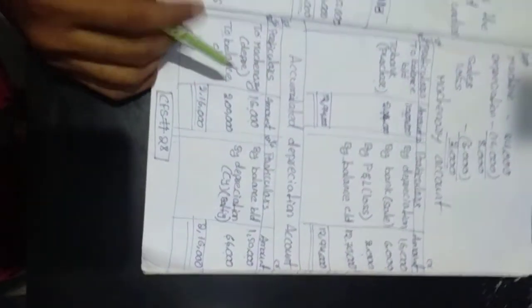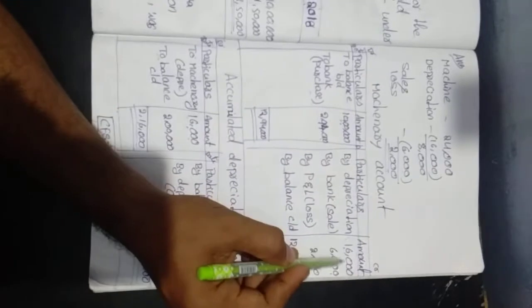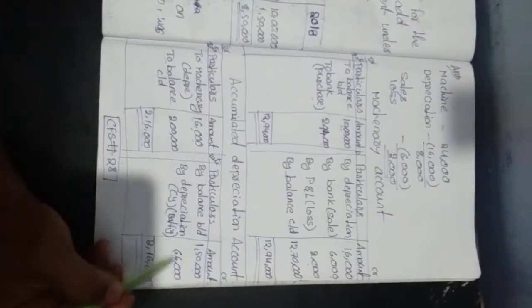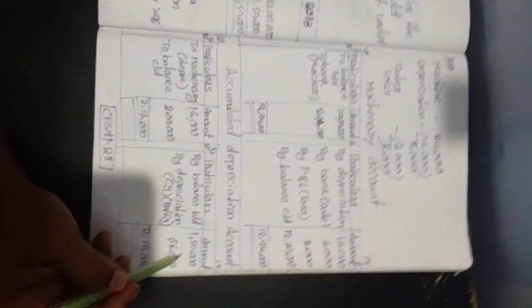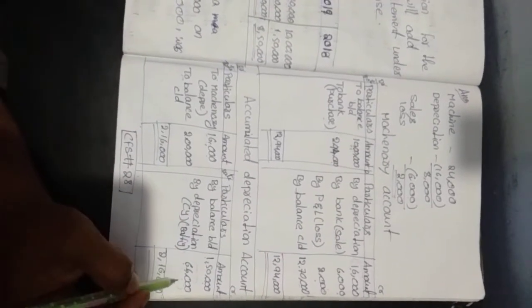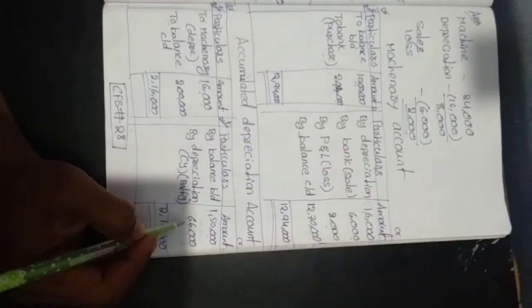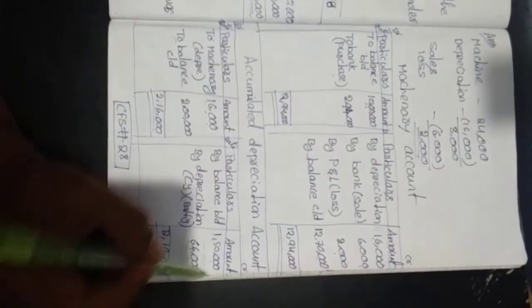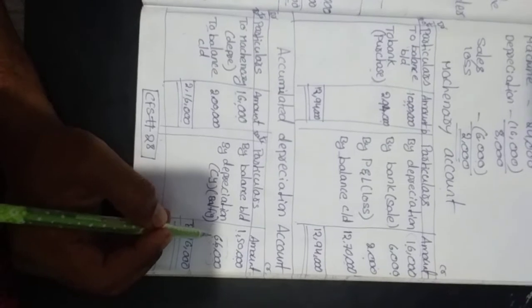In this, you can see that this depreciation we do not take to the cash flow statement. Instead, the total depreciation for the current year, this figure, we take to the cash flow statement, and we add it in the non-cash expenses in the operating activity of the cash flow statement. Note this depreciation is the depreciation for the current year.